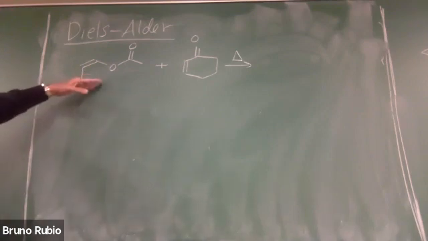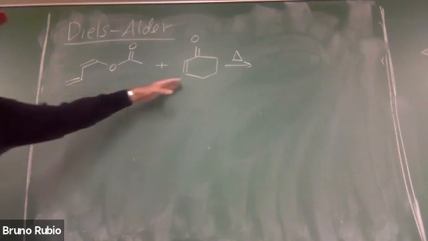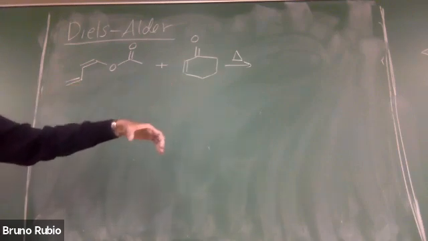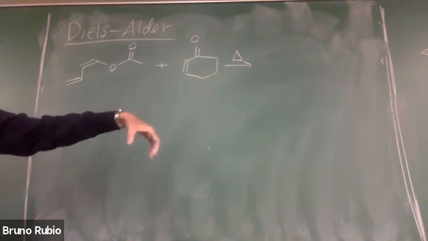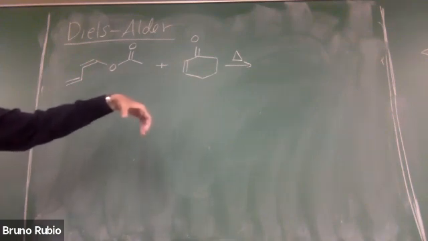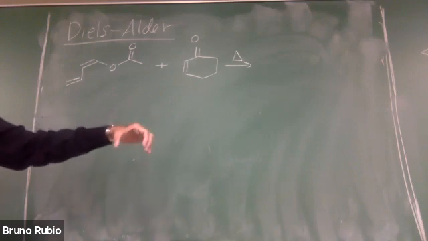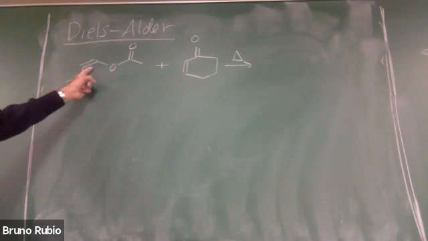Okay, so here's the diene. See these two double bonds here, that's the dienophile, but we made the point that the double bonds of the diene must adopt the s-cis conformation. It has to look like a C. This does not look like a C.